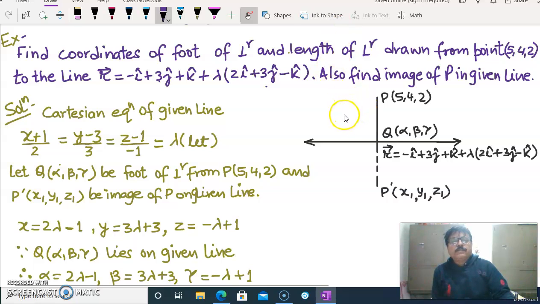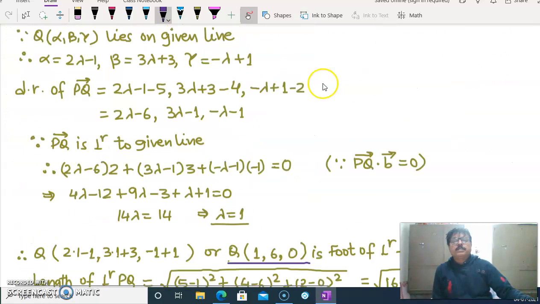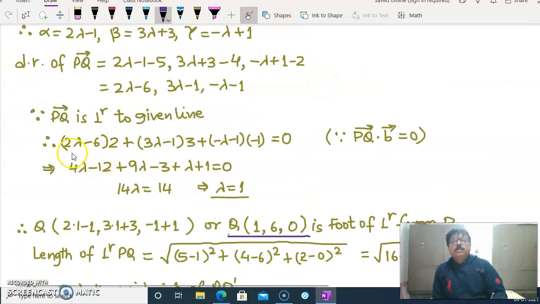That vector B will be 2i + 3j - k. So we get (2 lambda - 6) into 2 plus (3 lambda - 1) into 3 plus (-lambda - 1) into (-1) equals 0, correct? So the value of lambda comes out as 1.